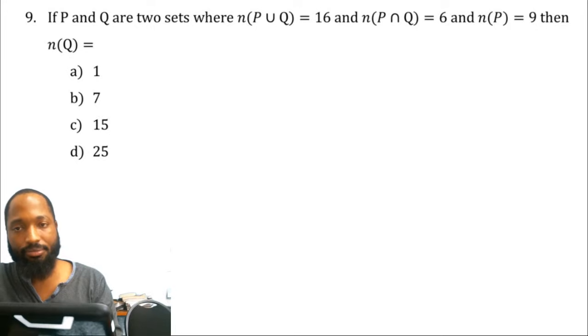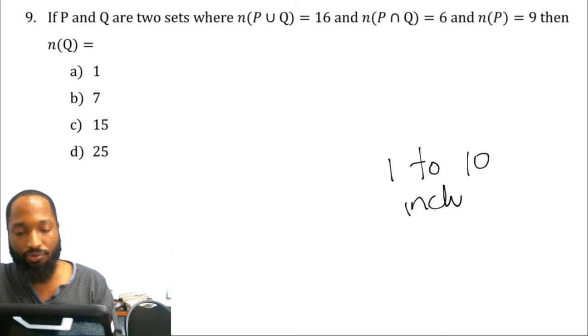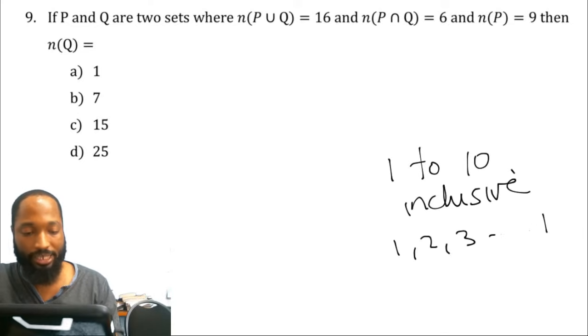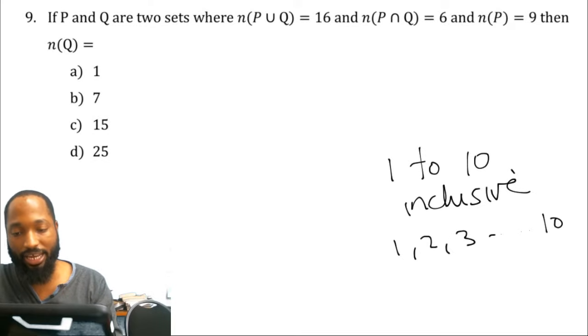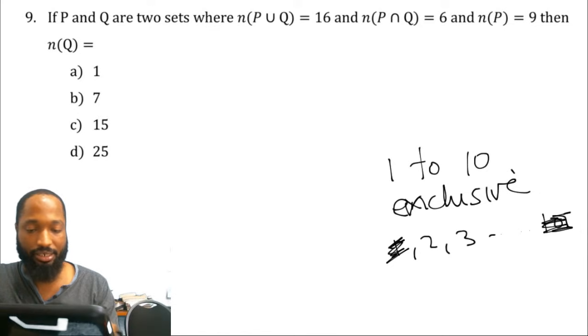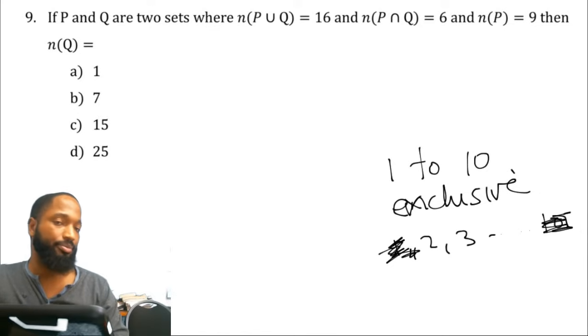If I say 1 to 10 inclusive, I mean 1, 2, 3, 4, and so on up to 10. If I say 1 to 10 exclusive, I mean forget 1 and 10, start from 2.